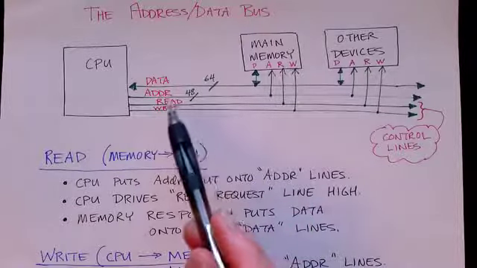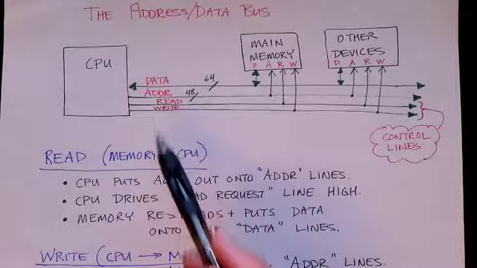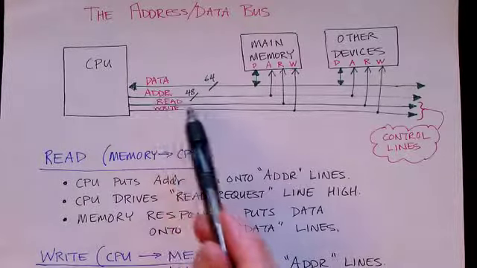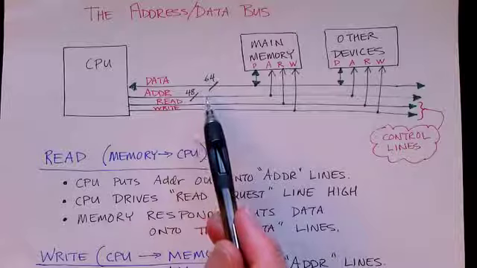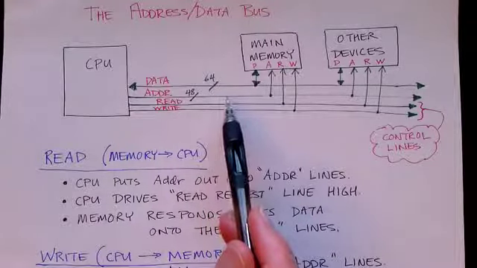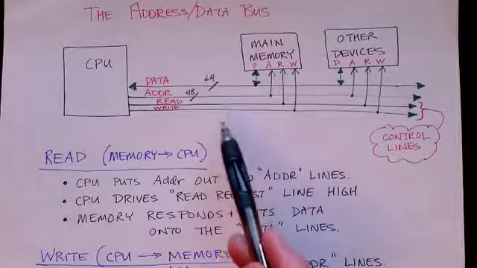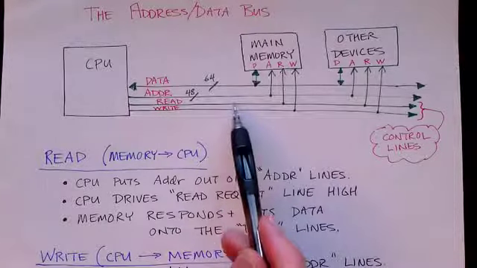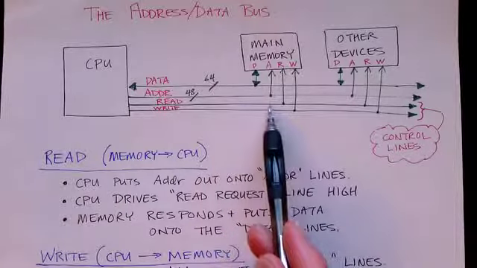What happens when the CPU wants to read data? Well, it puts an address out onto the address lines. So the CPU drives these lines high and low according to the bits in the address. And it also drives the read request line high to indicate that it wants to do a read.